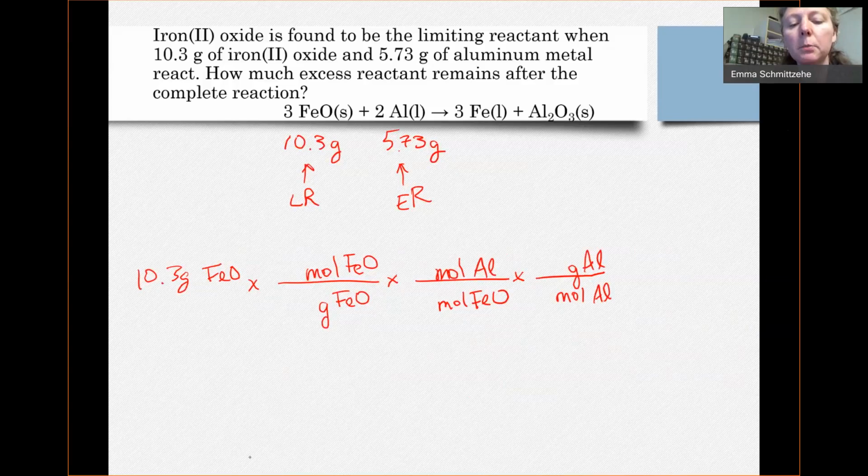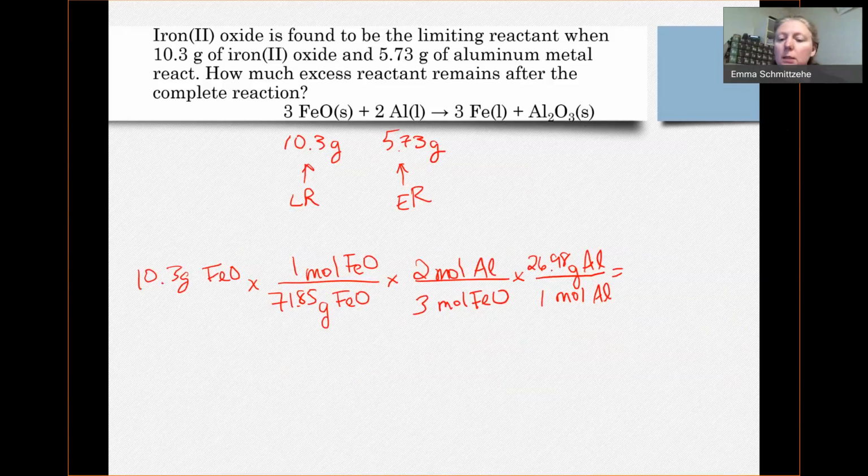Okay, so I'm going to fill in my numbers. The first ratio is a molar mass, and so FeO, if I take 55.85 plus 16.00, I get 71.85 grams per mole. And then the mole ratio I get from the balanced chemical equation, so I have a 3 with the FeO and a 2 with the aluminum. And then the molar mass of aluminum is 26.98 grams per mole.